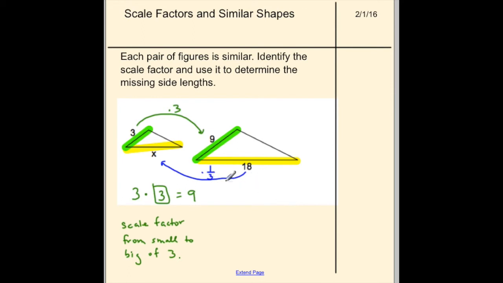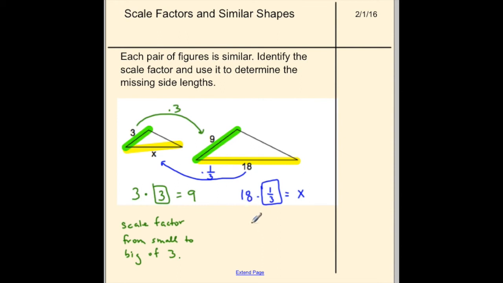Now, some of you are going to say, but wait, I was going to say divide by 3. Well, multiplying by 1/3 is the same as dividing by 3. So we can think of going backwards.